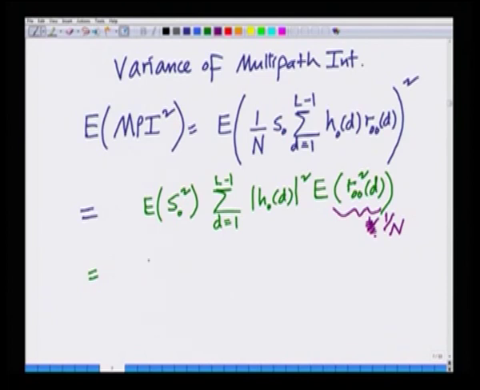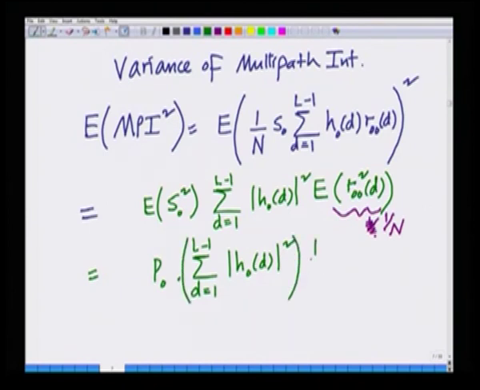Hence, this is equal to P0, the power of user 0, times summation d equals 1 to L minus 1 H0 d square into 1 over n. So, I will write this as P0 over n summation d equals 1 to L minus 1 H0 d whole square.